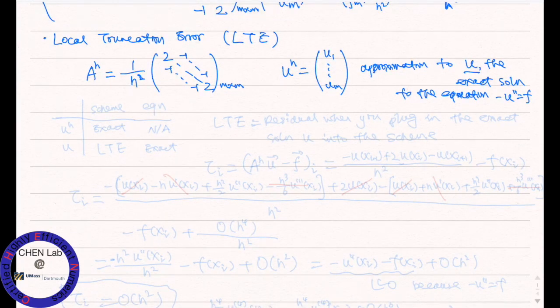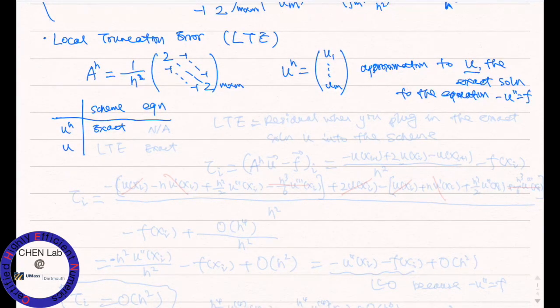Remember, the local truncation error is that we plug in the exact solution into the scheme. Remember we always talk about that 2 by 2 table. One is that you have your u^h, one is your u, and one is your scheme. The other one is your equation. If you plug in u^h into your scheme, because you computed u^h by your scheme, that is satisfied exactly.